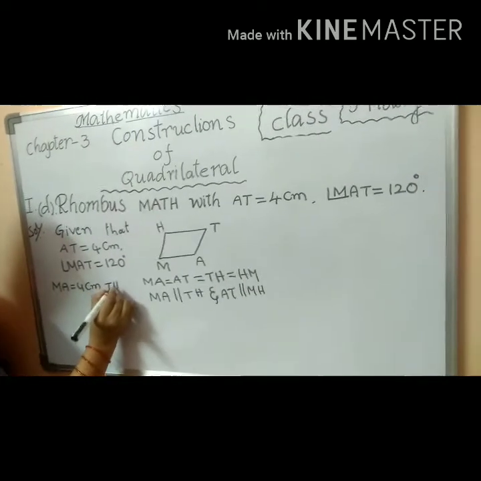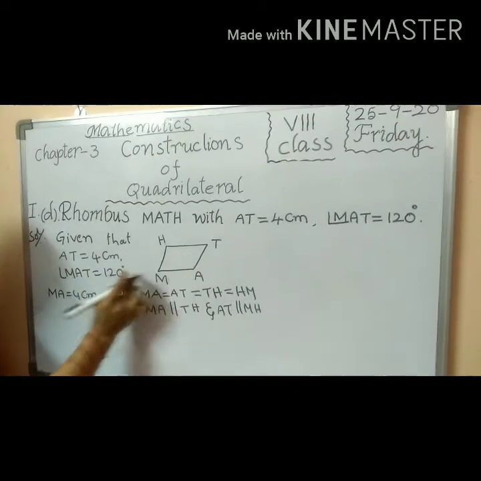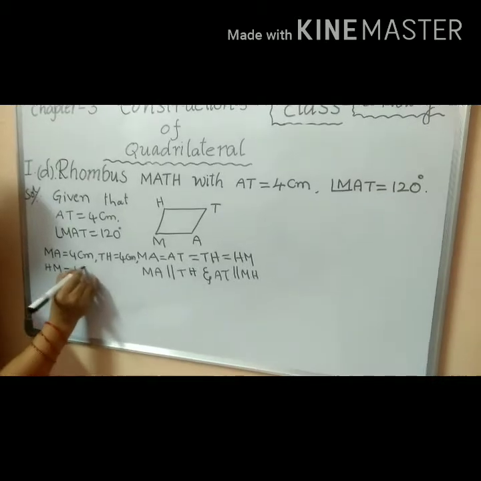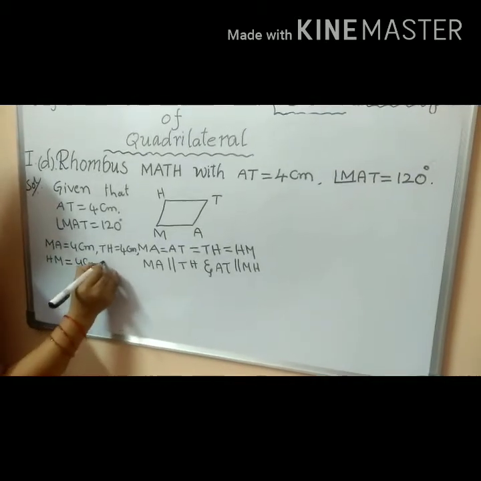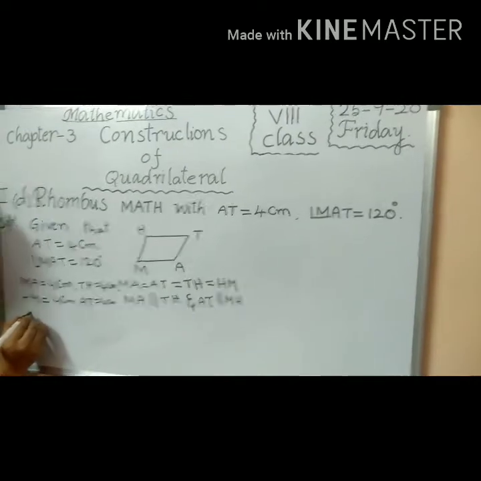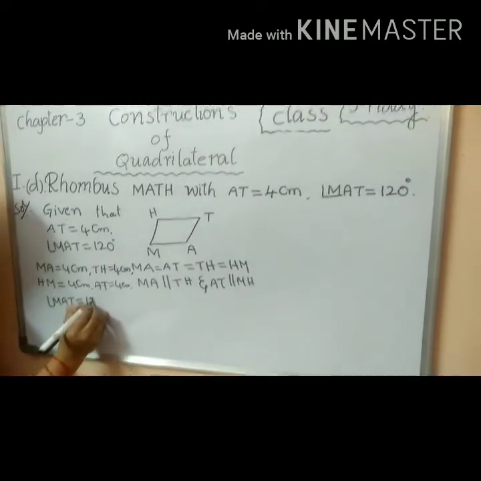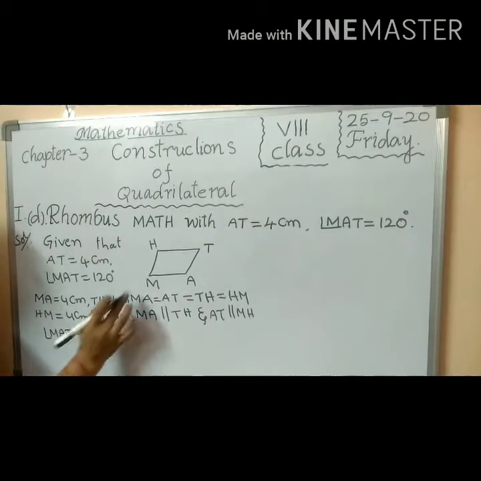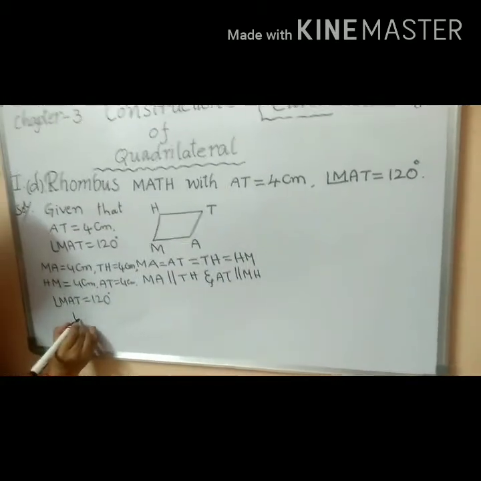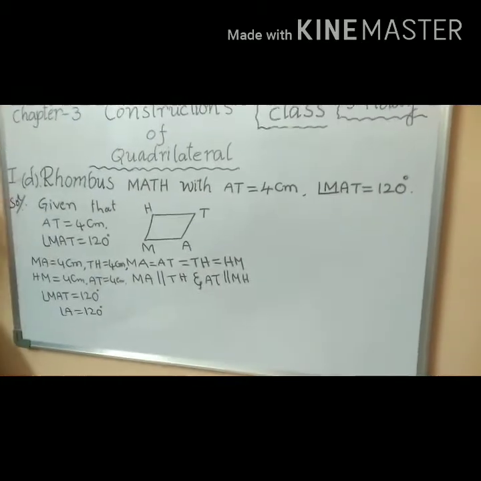Next, TH equal to 4 centimeters, and HM equal to 4 centimeters. Finally, angle MAT equal to 120 degrees, so angle A equal to 120 degrees.